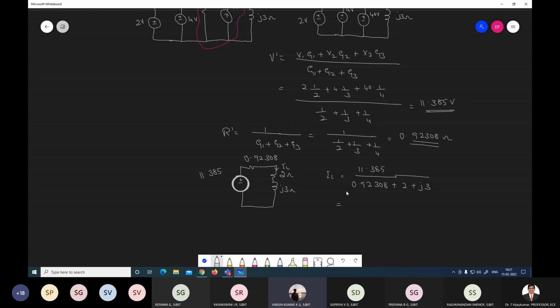Sir, 2.717 at an angle of minus 45 point something. After simplification we get 2.718 at an angle of minus 45.74 degree amps. We will get this. This is the answer.